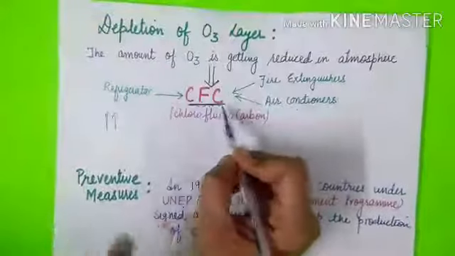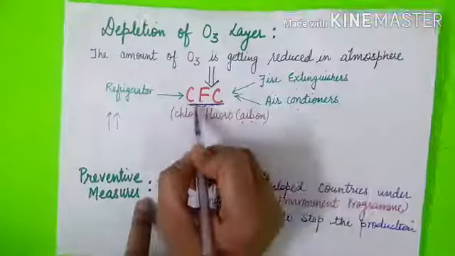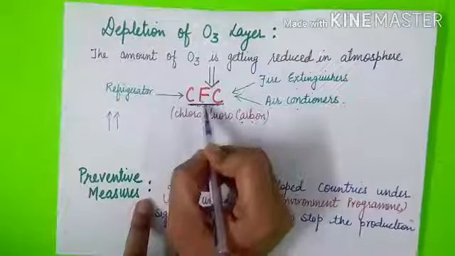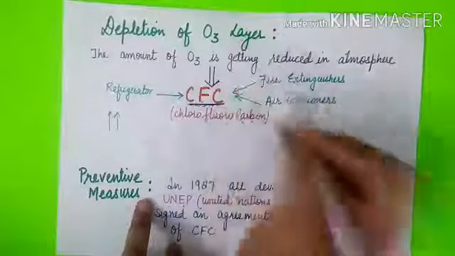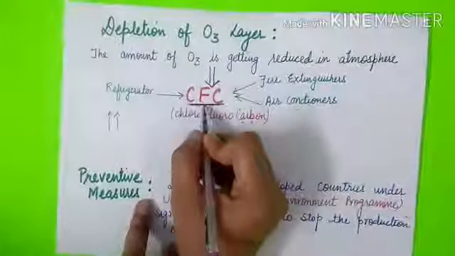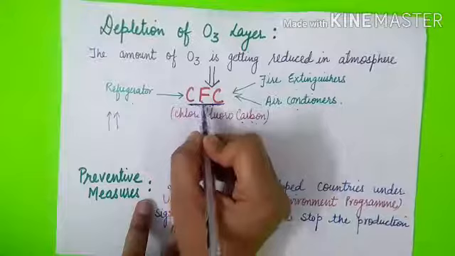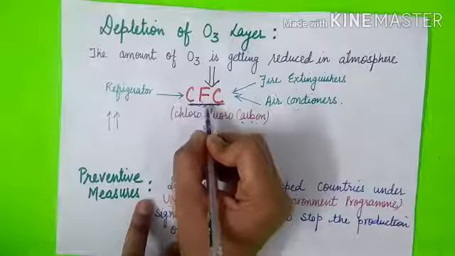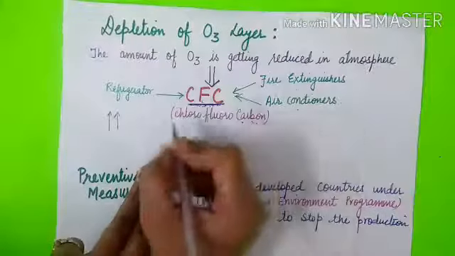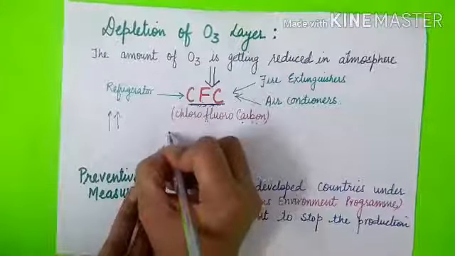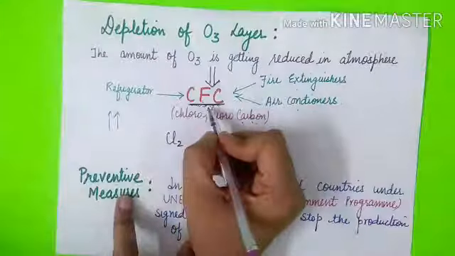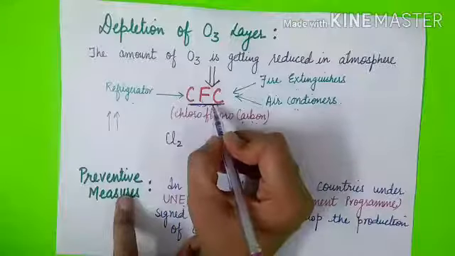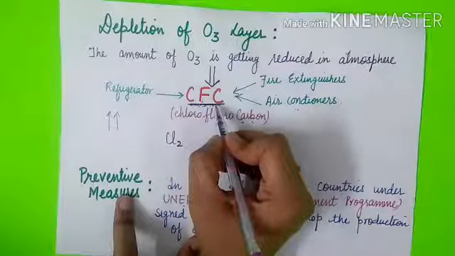Now I will tell you how CFC is responsible for depletion of the ozone layer. CFC contains chlorine in very high amount, and CFC is gaseous in form. Due to its gaseous form, it is very light in weight.